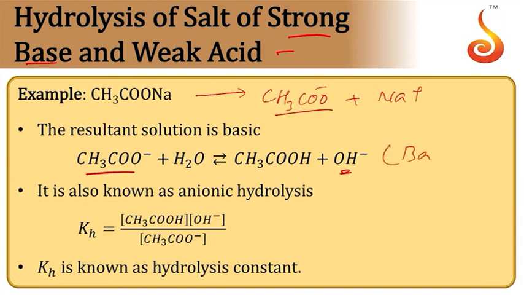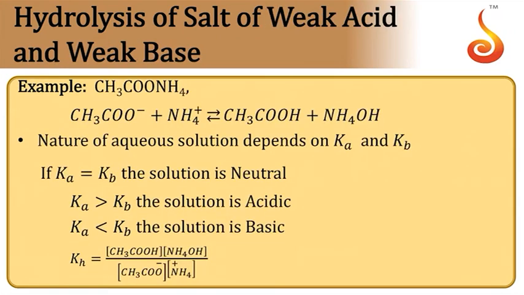Therefore, the solution is going to be basic in nature because of the OH minus ions. It is called anionic hydrolysis because the anion reacts with water. The hydrolysis constant is given by the product of acetic acid and OH minus ions divided by acetate ions, where Kh is called the hydrolysis constant.